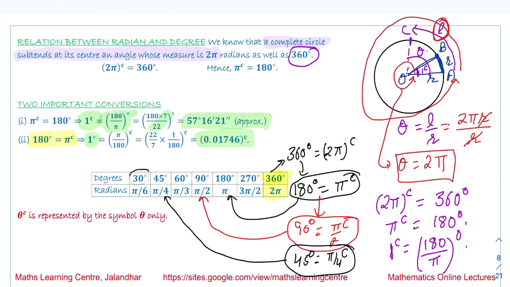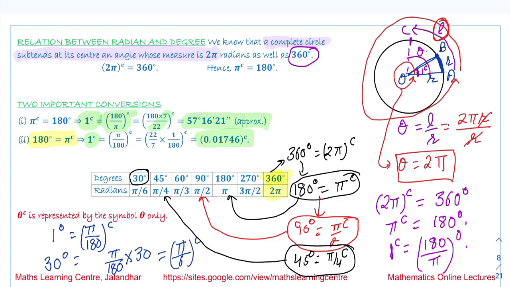Now if we have to calculate such values in radians, what do we have to do? We have the conversion: 1 degree is equal to pi by 180 radians. So 30 degrees will be equal to pi by 180 into 30, and this comes out to be pi by 6 radians.